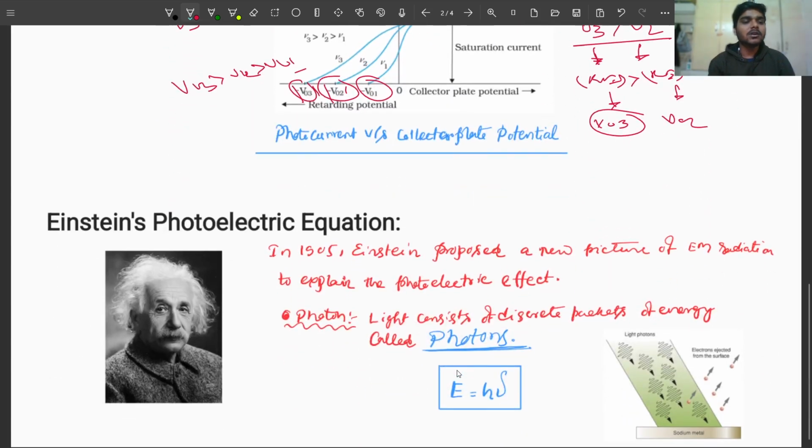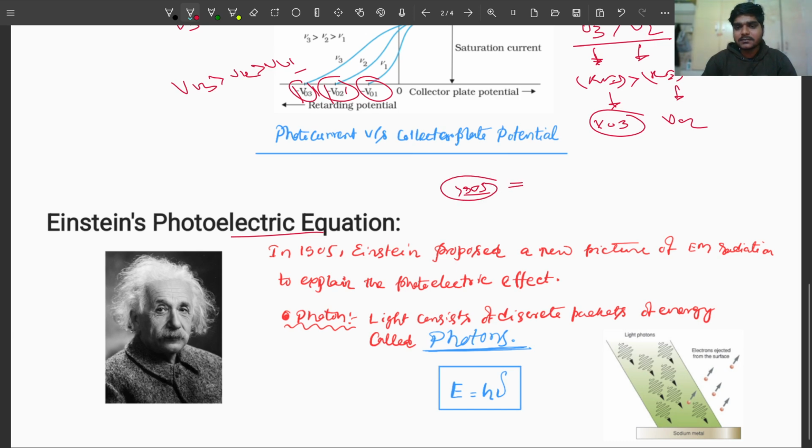Now let's move on to the next topic, that is Einstein's photoelectric equation. So before 1905, Lenard, Hallwachs and others did many experiments, and there was no equation to explain the photoelectric effect. Everybody performed experiments and published their experimental observations, but there was no theory for this photoelectric effect.